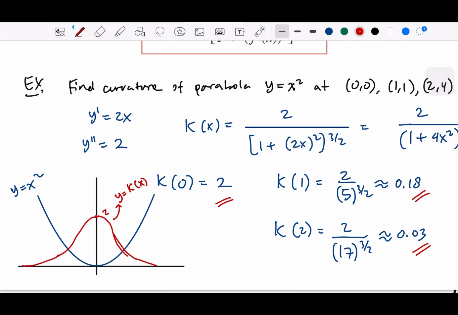And as x goes to infinity, either negative infinity or positive infinity, the curvature gets closer to 0, because the parabola tends to become a straight line at each end of the curve, right? It starts to go vertical, not exactly vertical, but close to vertical.